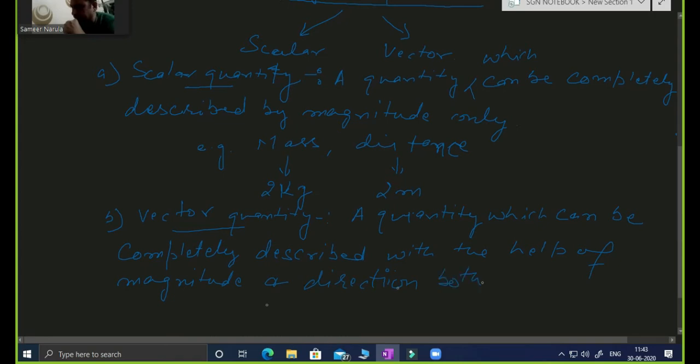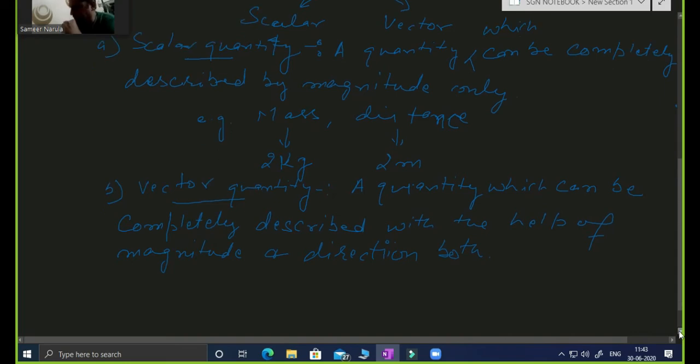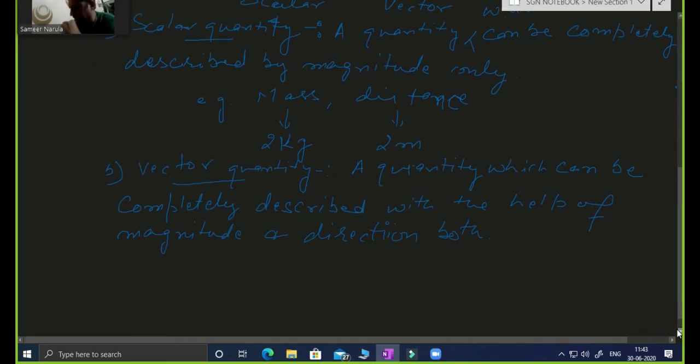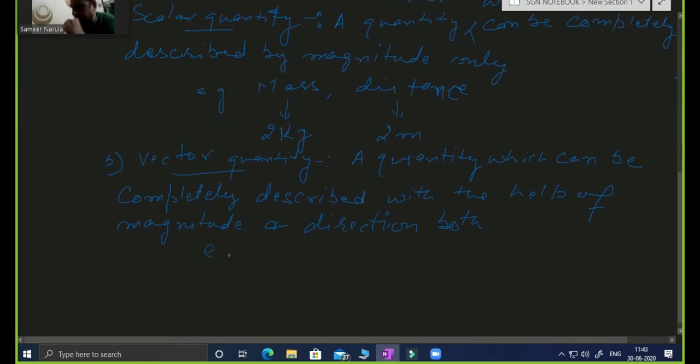Examples are displacement and velocity. These basically require direction.